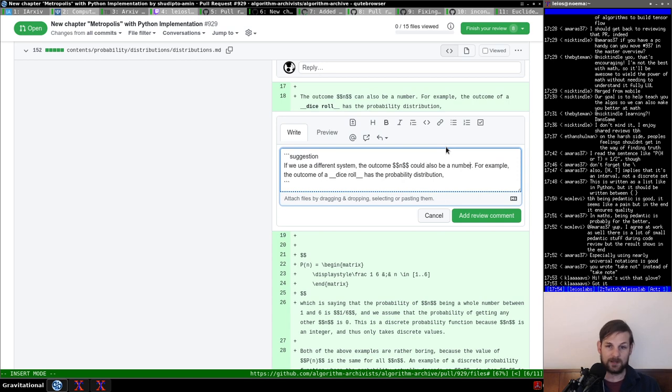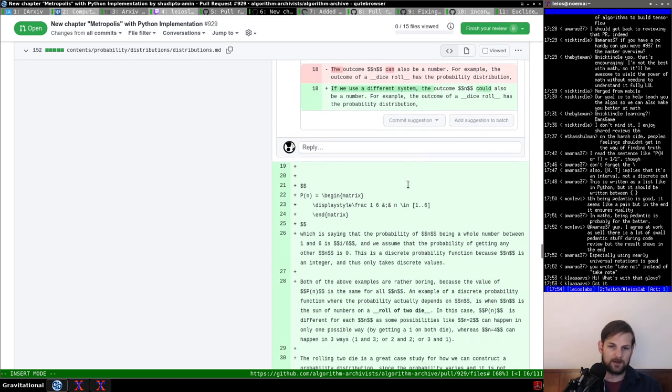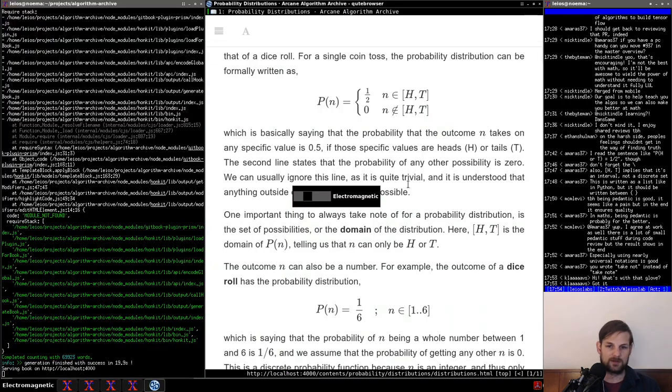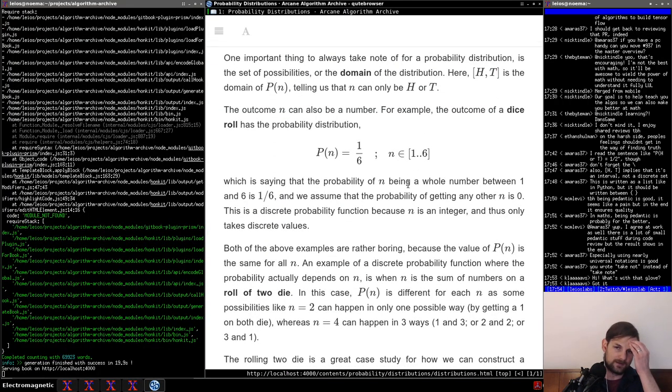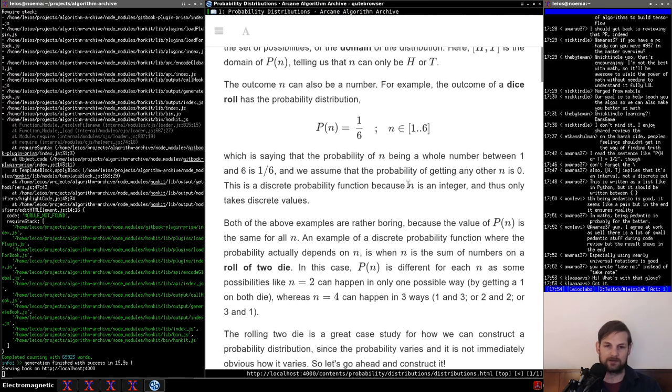For example, the outcome of a dice roll has a probability distribution. There's a probability distribution, 1 out of 6, where n is within 1 to 6, which is saying that the probability of n being a whole number between 1 and 6 is 1 out of 6. And we assume that the probability of getting any other n is 0. This is a discrete probability function because n is an integer and thus only takes discrete values.